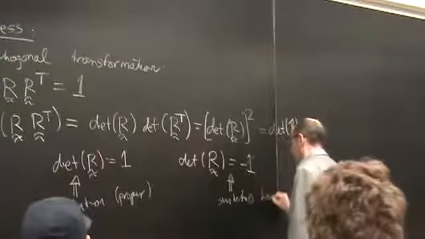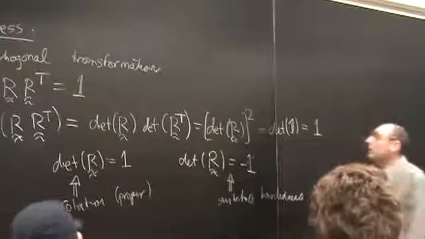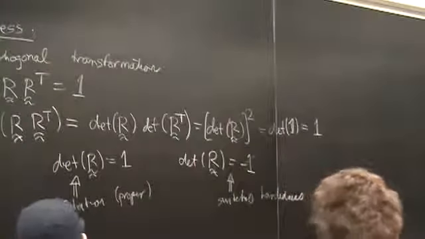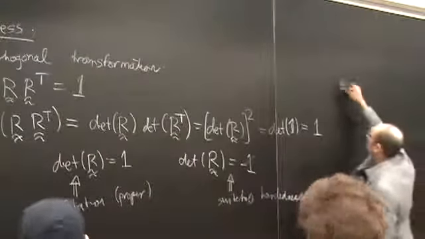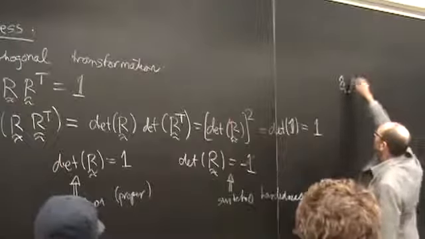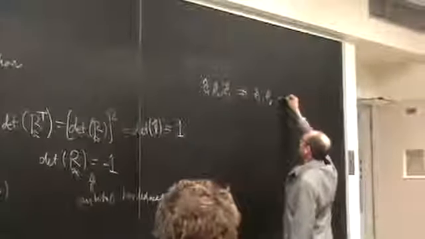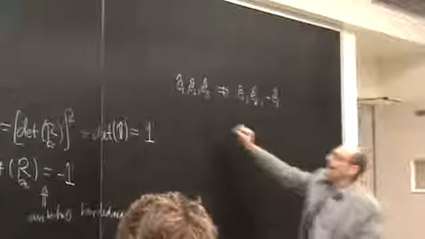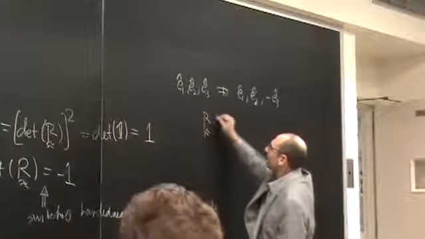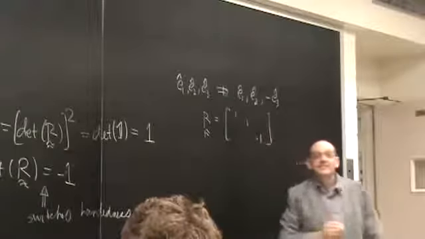So let's remind ourselves about that. Reflected across an axis, for example, indeed. So if I have a transformation that takes, say, E1, E2, E3 to E1, E2, minus E3, right? That R is diag(1, 1, minus 1).